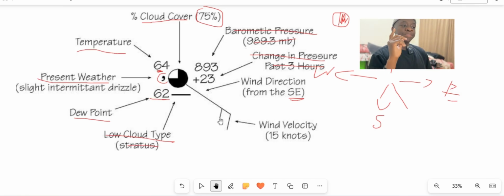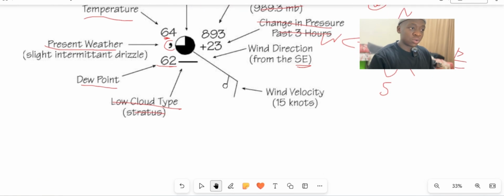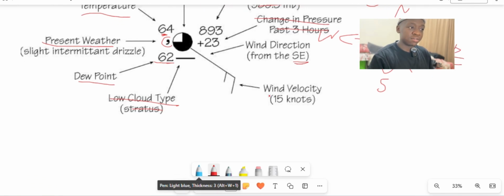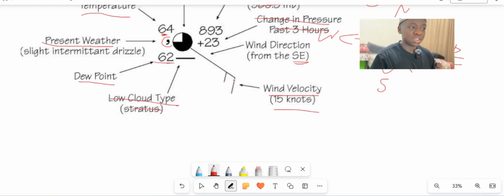Yes. Now we're going to another important one, which is the wind velocity. So these lines here represent the wind velocity, the speed of the wind.